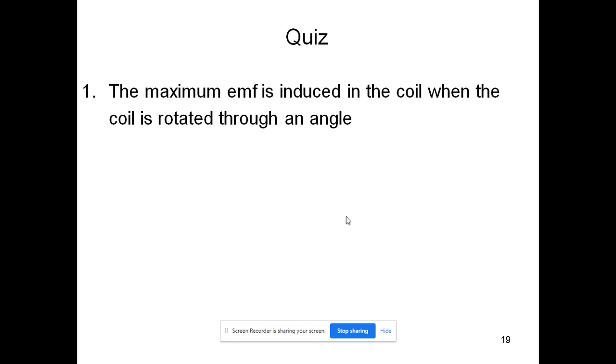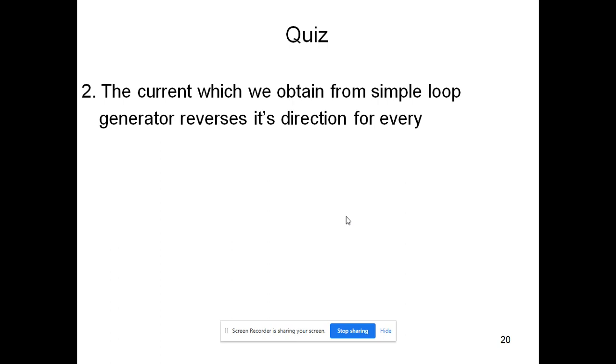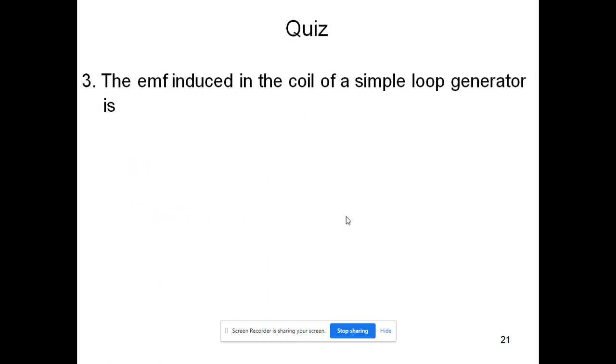Let us see a small quiz on this topic. The first question: the maximum EMF is induced in the coil when the coil is rotated through an angle of A, 90 degrees, B, 100, C, 110, and the answer is 90 degrees. Second question: the current which we obtain from the simple loop generator reverses its direction for every half revolution.